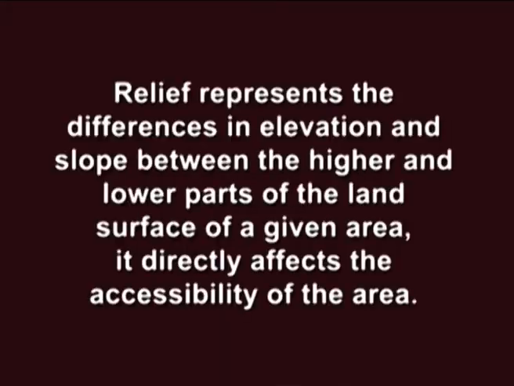Three important physical factors that influence the distribution and density of population are relief, climate and soil. Relief represents the differences in the elevation and slope between the higher and lower parts of the land surface of a given area. It directly affects the accessibility of the area.